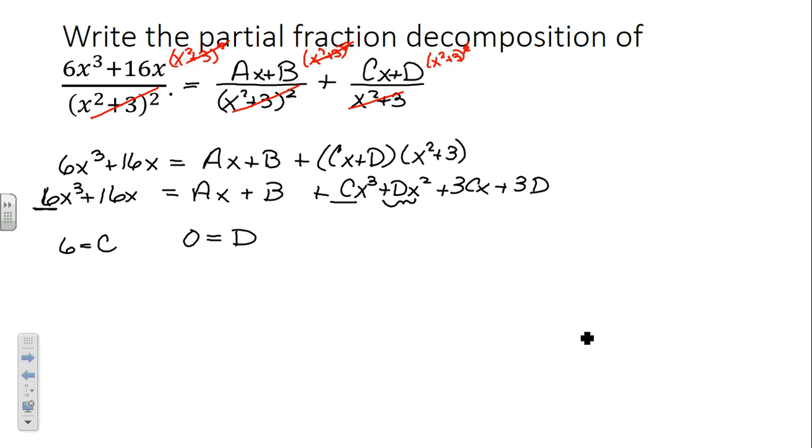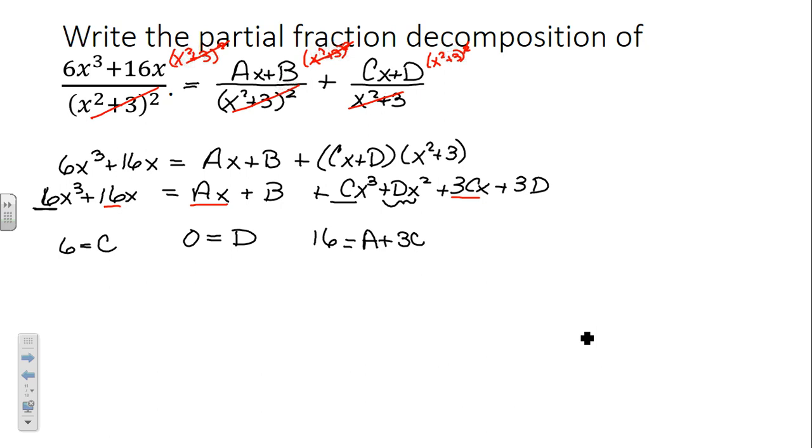We have a 16x. Okay? So 16 has to be equal to, yep, and we want to take the x's out, so we just want the a plus 3c. And do we have any constants? Nope.